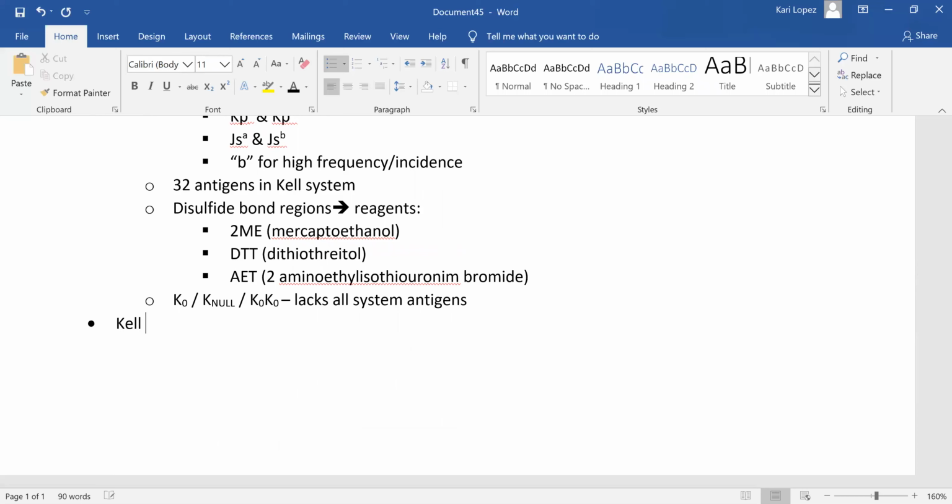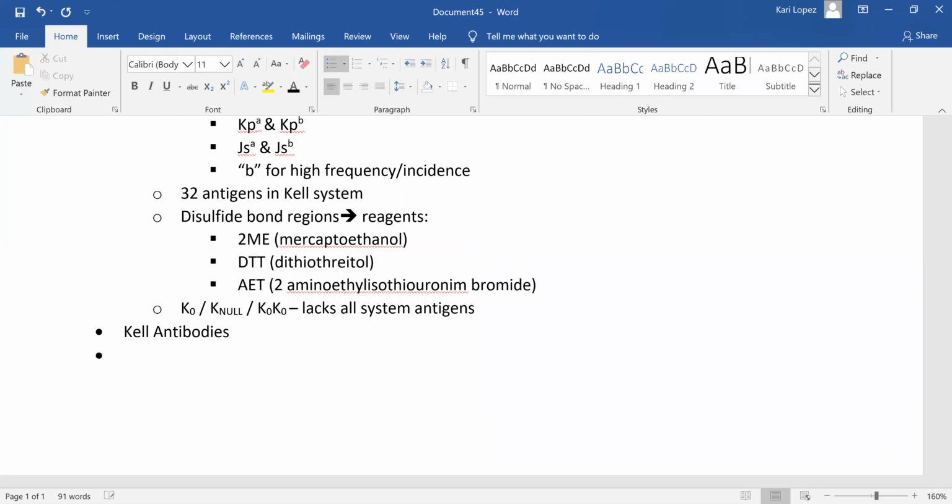Now, Kell antibodies. Where are Kell antigens going to be? On the red blood cells. So these are going to be our Kell antibodies. Do you know what immunoglobulin they are?